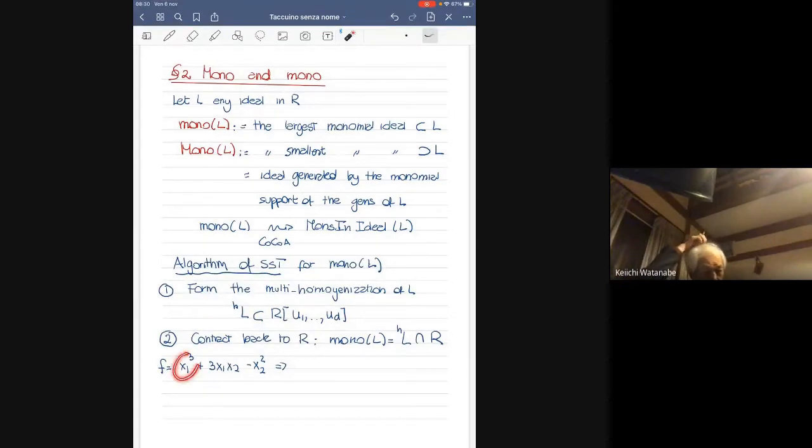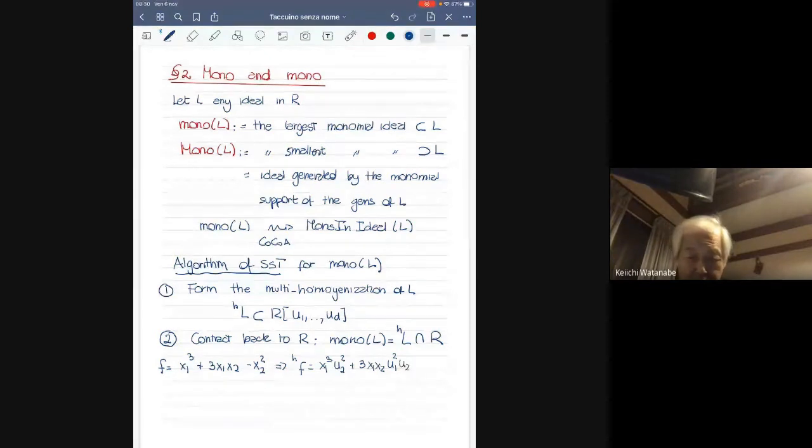So here, to be multi-homogeneous with this, you need a 0, 2. So I have to multiply this term by u2 square. So what I get is fh, the multi-homogenization, is simply x1 third u2 square plus 3x1 x2 u1. Here I need 2 of the x1, so I put 2 of the u1 and 1 of the u2. And here I need instead all the x1, but it's not x1, so I put a u1 to the third. And now I get that every term has the same multi-degree.